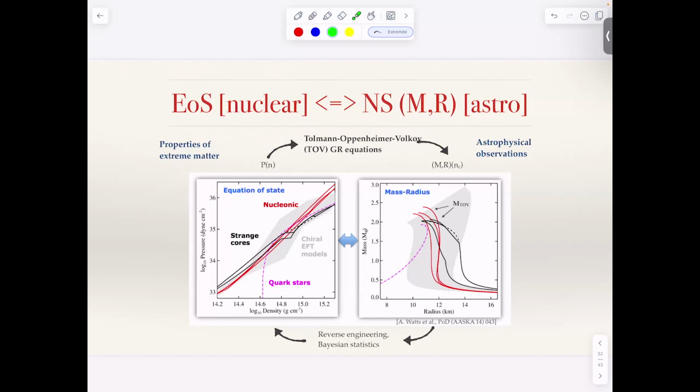So the scientific program is to improve the detection, the measurement of masses and radii of neutron stars, in order for us to determine the composition and the equation of state of dense matter.